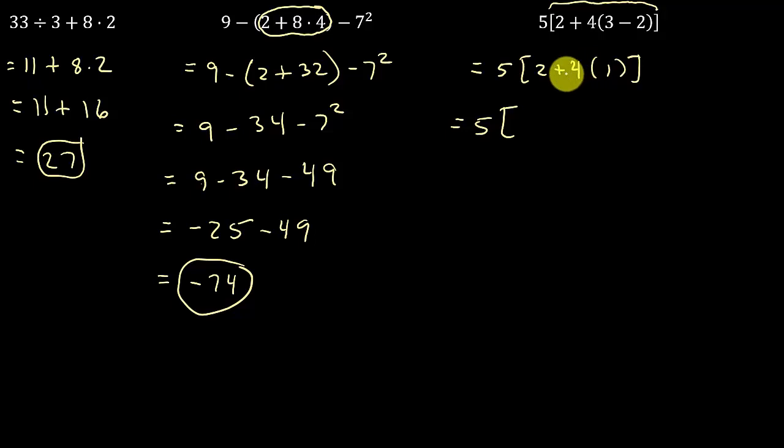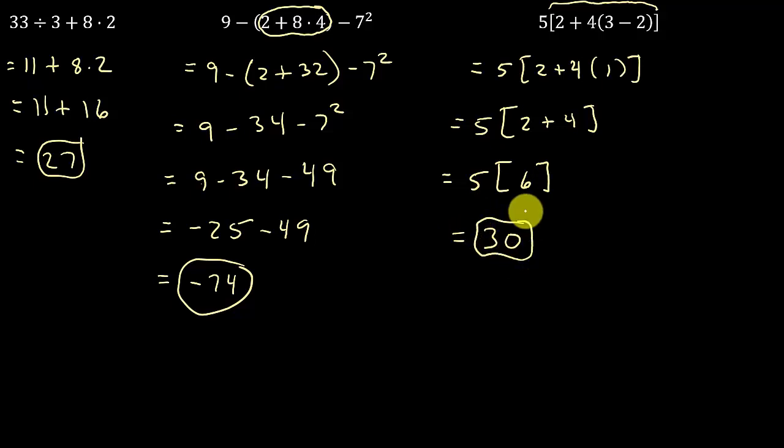Multiplication comes before addition. So that's going to be 2 plus, and 4 times 1 is 4. Okay, and then this is 5 times, still inside the grouping symbols, 2 plus 4 is 6. Well, it's a bracket. And then 5 times 6, I do my multiplication, that is 30.